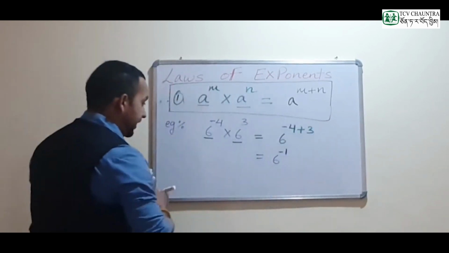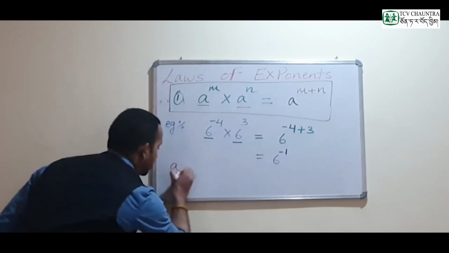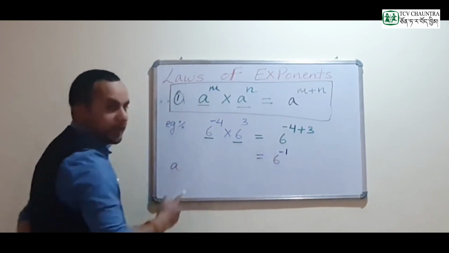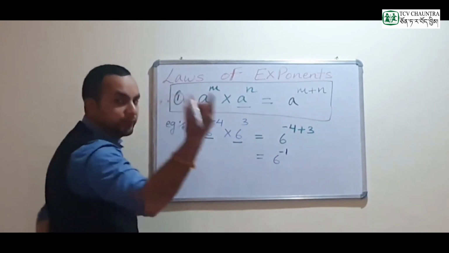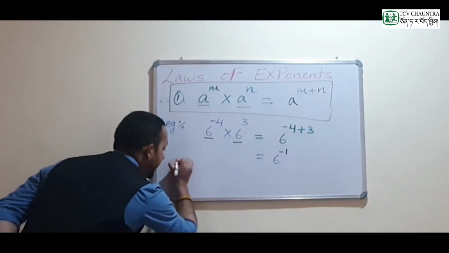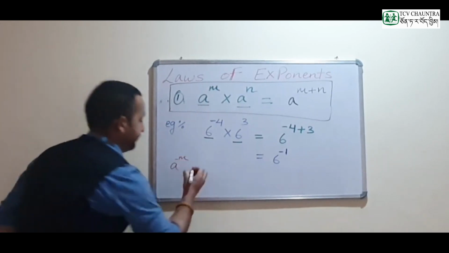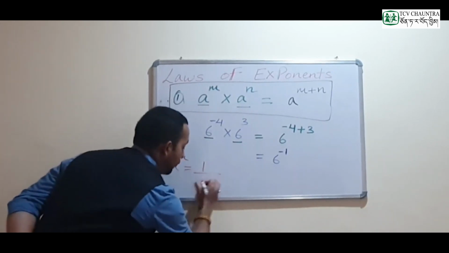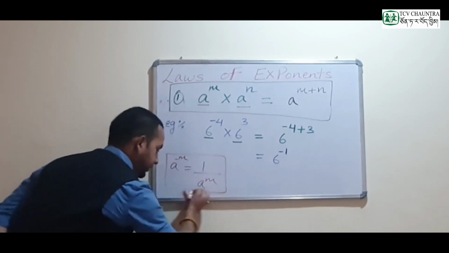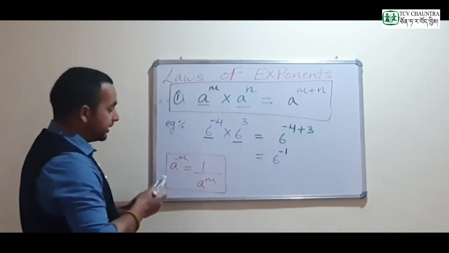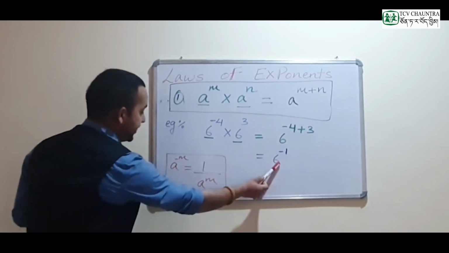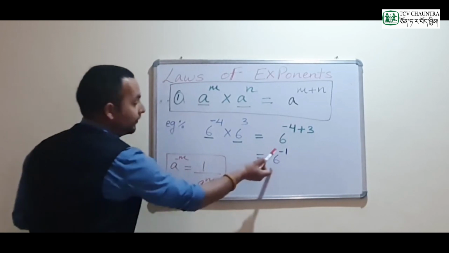Before I told you that if your answer is like this, then you have to convert it into a positive exponent. It is in the form of a raised to the power minus m, so you can make it into 1 upon a raised to the power m, right? In place of a you have 6, in place of minus m you have negative 1.